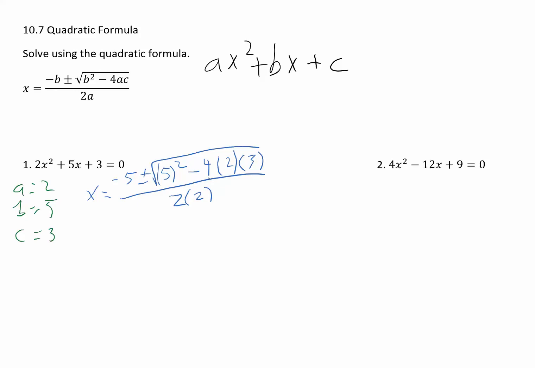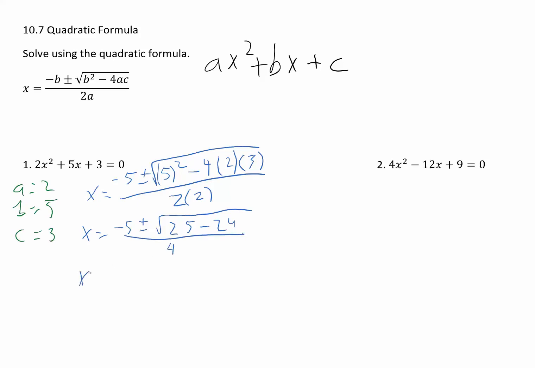Okay, so then you want to go ahead and simplify that. So when we simplify that here, we're going to get x equals negative 5 plus or minus the square root of 25. Negative 4 times 2 is negative 8 times 3 is negative 24 all over 2 times 2, which is 4.